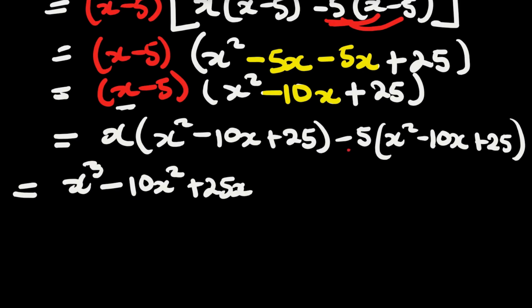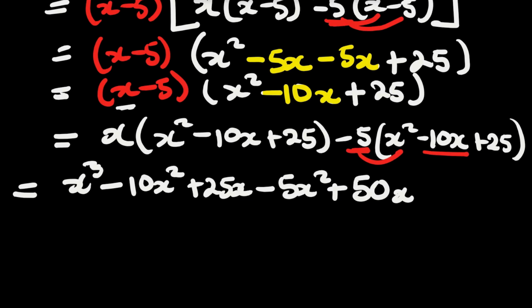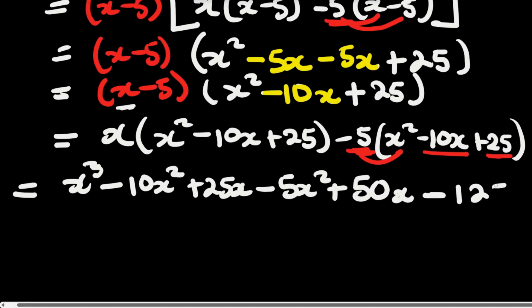Then negative 5 multiply x squared, this is negative 5x squared. Negative 5 multiply negative 10x, what do we get? A positive 50x. Then negative 5 again multiply 25, what do we get? We get negative 125.